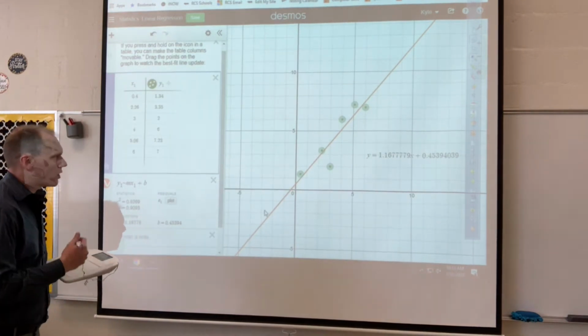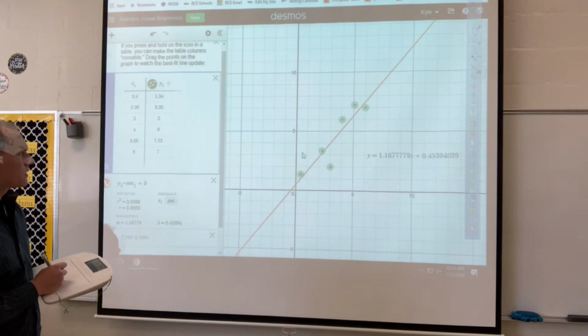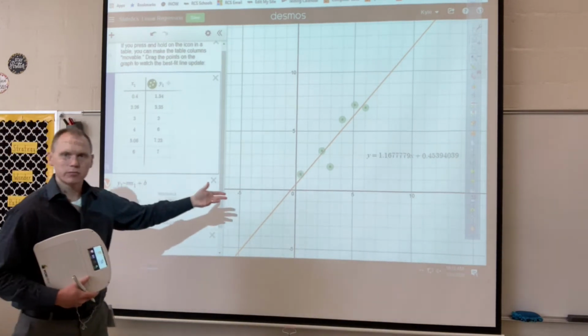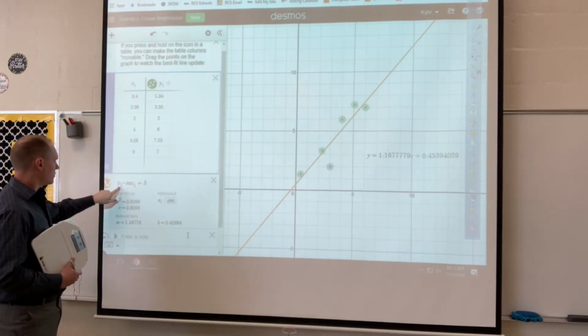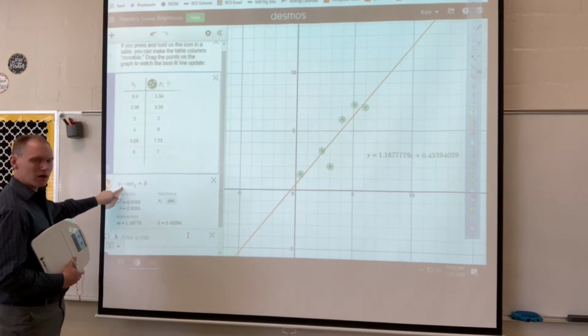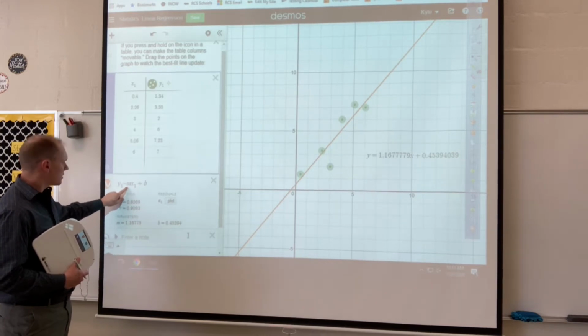What I wanted to show you with this first part is that we can use Desmos to come up with a line of best fit, something you did back in Integrated Math 1. So you can type y sub 1, the letter y followed by the number 1, and it'll automatically become a subscript.